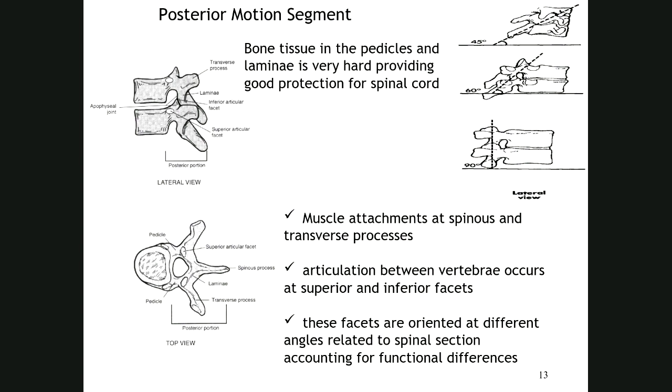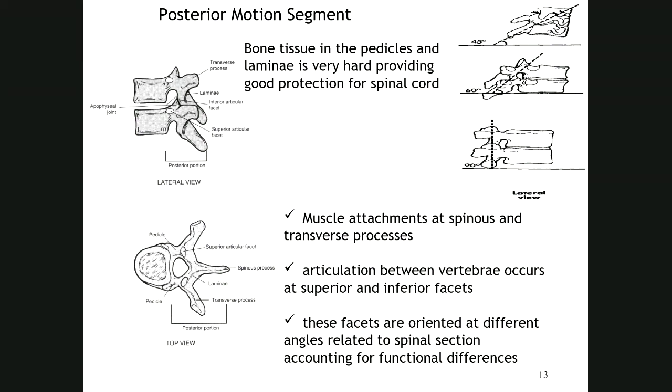The spine fits perfectly like a puzzle. They support each other: the bottom one supports the top one, which supports the bottom. I want to make clear that there's support from all different segments. These facets are oriented at different angles related to the spinal section to account for functional differences.